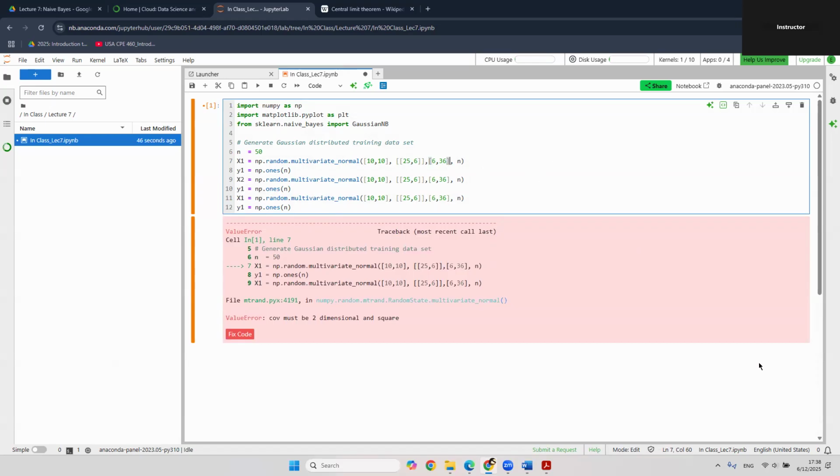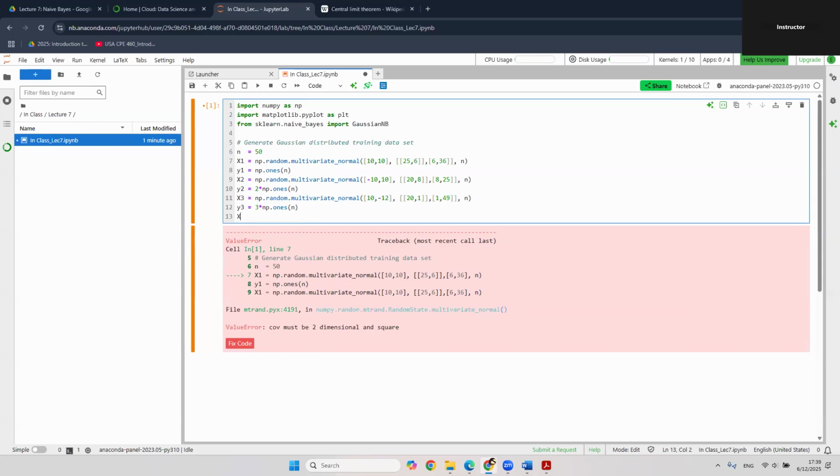Now I just copy and paste for x2 and x3. The means are 20 and 8, and the covariance entries are 8, 8, and then here is 8 and 25. And then I'm gonna concatenate them.